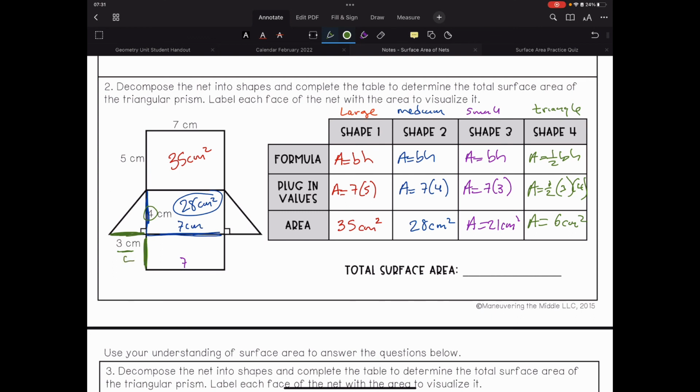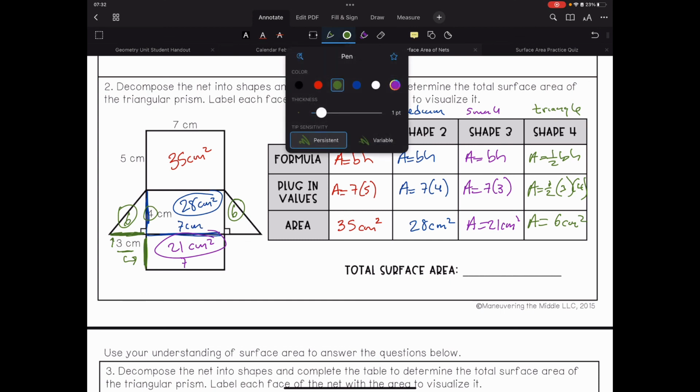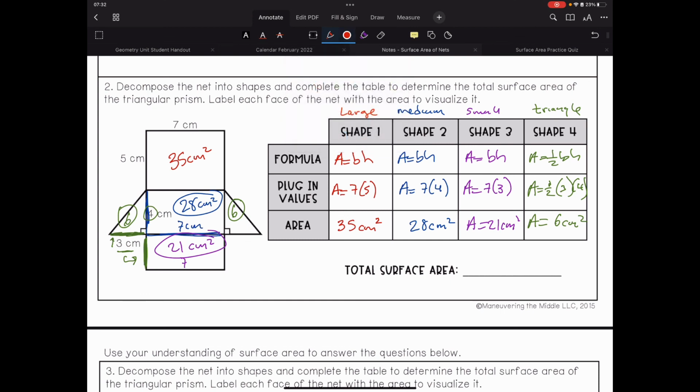So just to be clear, that goes there. So we've got 6 centimeters there, 6 here, and we said this one was 21. So now we'll total that up, and our final answer, after we add each object's area up, is 96 centimeters squared.